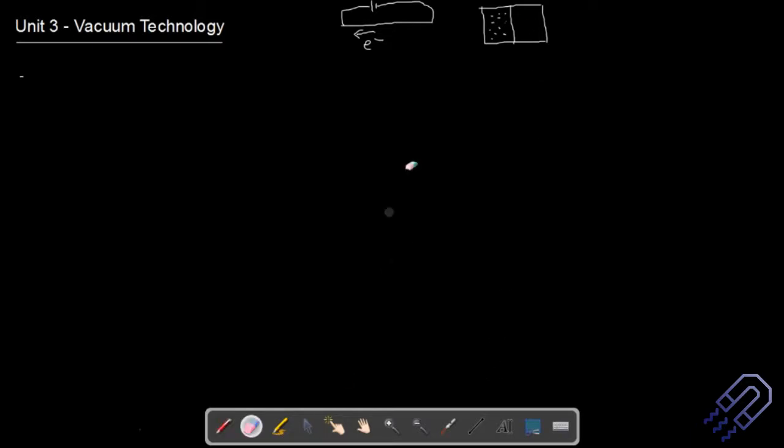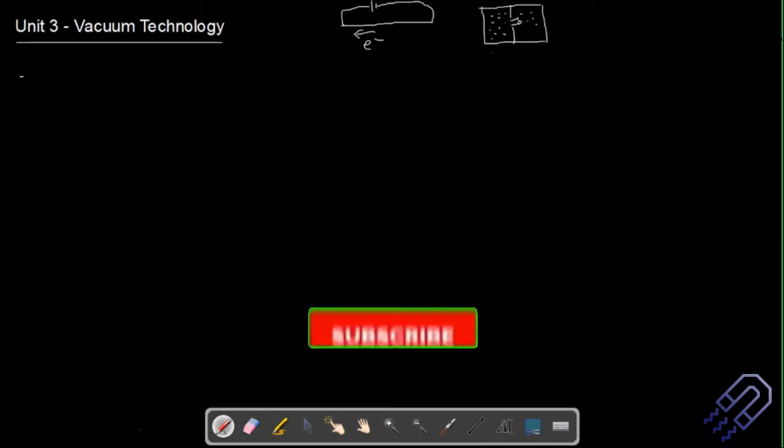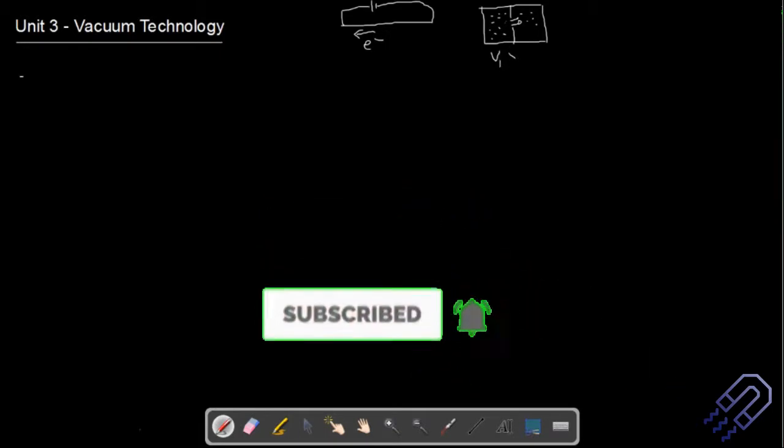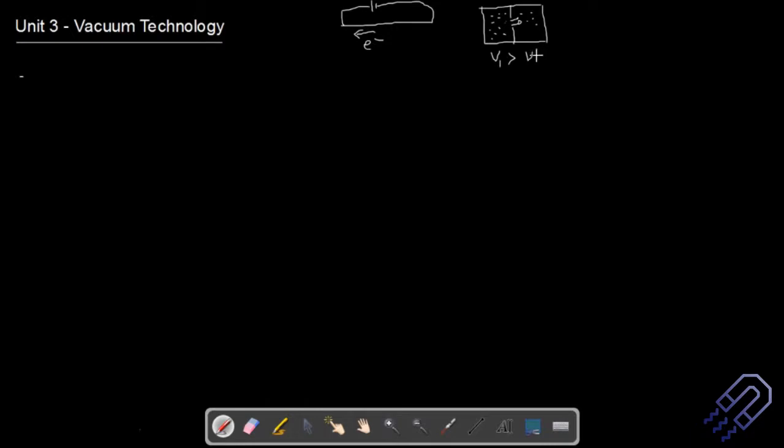As soon as you make a slight opening here, these molecules will start rushing. So in general we can say that this is flowing from a region of higher potential to a region of lower potential, and this will continue unless the potential at both positions is the same.